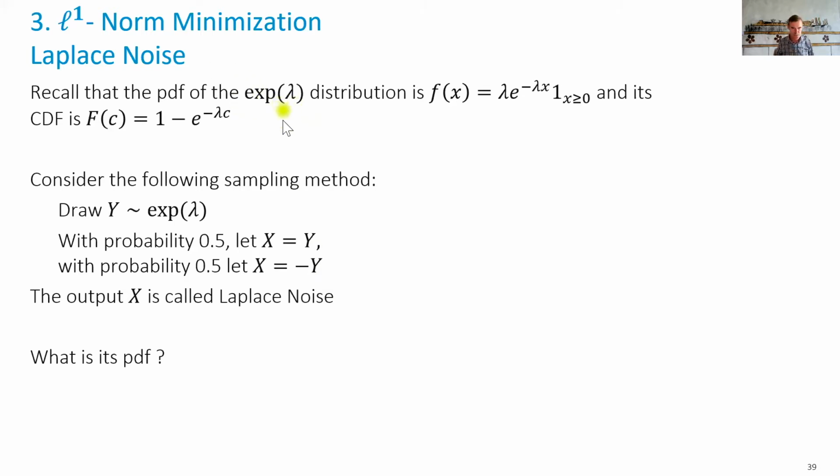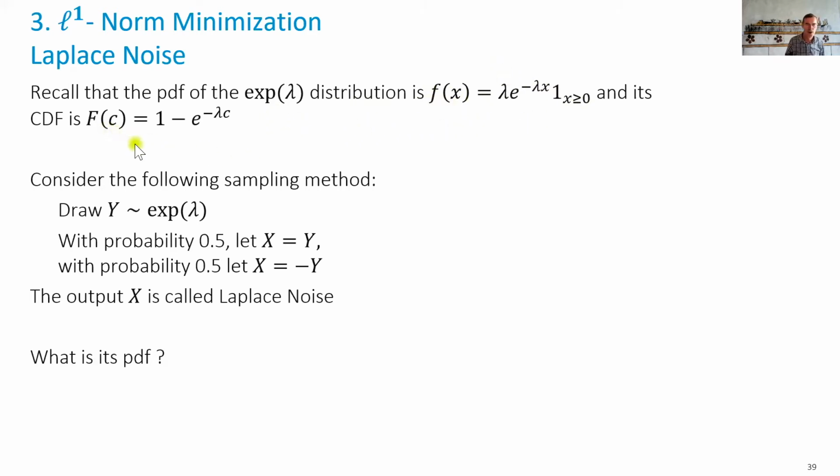So what is the Laplace distribution? Well, the Laplace distribution is constructed as follows. We start from the exponential distribution. The exponential distribution is given by this PDF. The density of value x is exponential of minus lambda x, only for non-negative values of x, and lambda is the normalizing constant here.